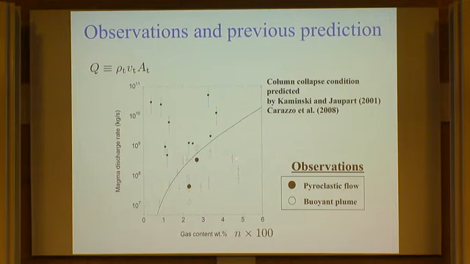And this solid circle means pyroclastic flow, and this open circle shows buoyant plume observations.